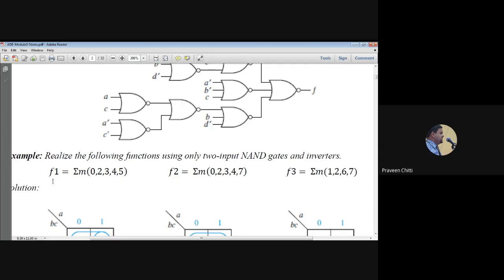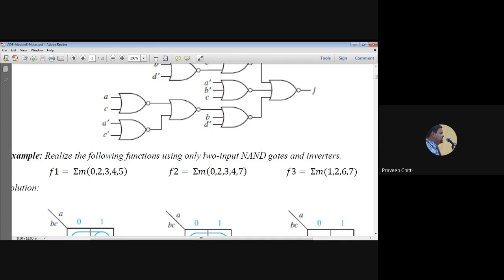The functions are F1 equal to sigma m 0, 2, 3, 4, 5, F2 equal to sigma m 0, 2, 3, 4, 7, and F3 equal to sigma m 1, 2, 6, 7. Three functions are given, right? Now we need to simplify these three functions, get the individual simplified expressions, and then we'll see how we can modify those expressions and we can implement the same with whatever the restriction they have put.